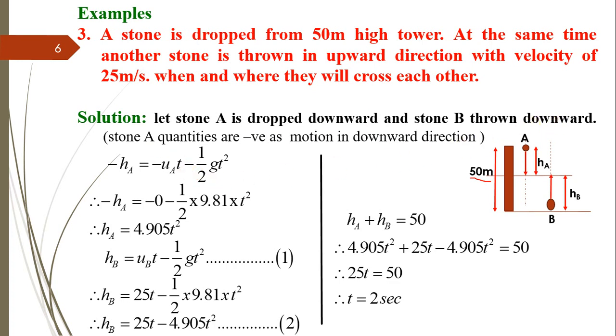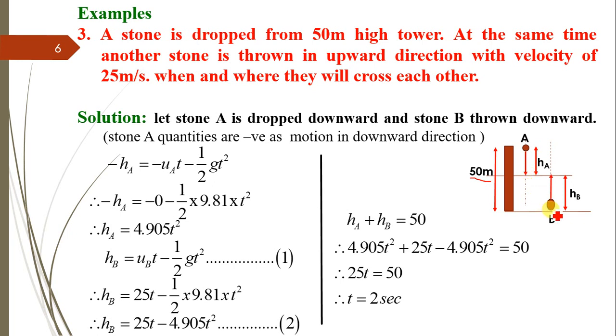So here, A is moving; this is the original position of stone A, and this will be the final position of stone A. Therefore, the final position is on the downward side, so the quantities of stone A are considered negative.